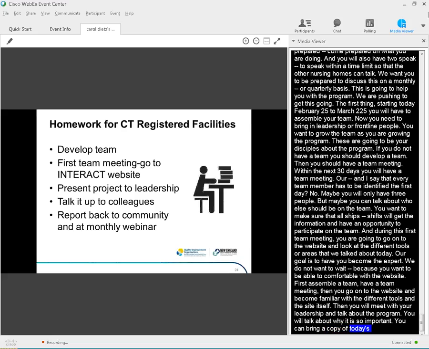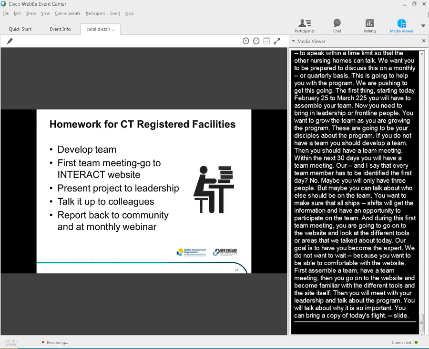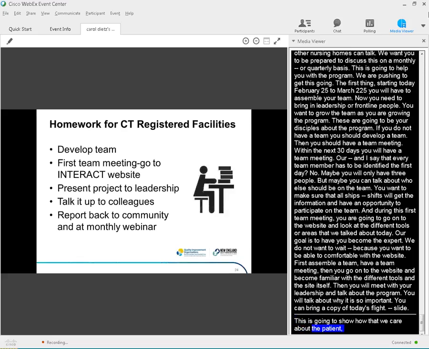It's all about patient care. That's why any one of us in the room right now, we're here working at quality, and we're here working with the New England QIN-QIO, because we care about the patient and the resident and their families. So that's what the number one goal is, to provide better care within your facility.